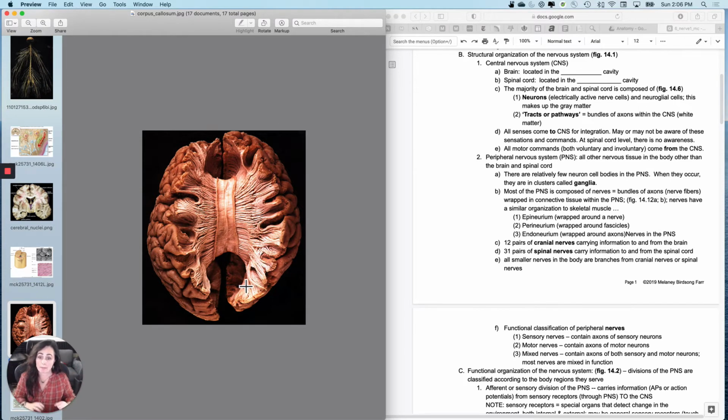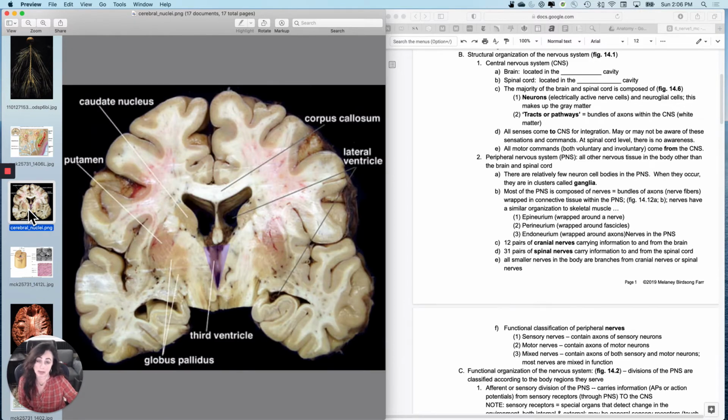Well, it is white matter, but white matter is made up into tracts or pathways. These are bundles of axons within the central nervous system, and it makes up the white matter. So please note again that there is a lot of white matter in the central nervous system. There's also a lot actually in the spinal cord that we're not showing here.